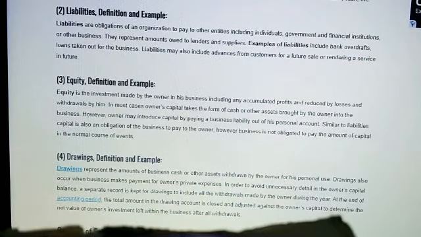Similar to liabilities, capital is also an obligation of the business to pay the owner. However, the business is not obliged to pay the amount of capital in the normal course of events. We do not need to go into more depth; simply, if you get any kind of profit, your capital is going to be enhanced, or vice versa.